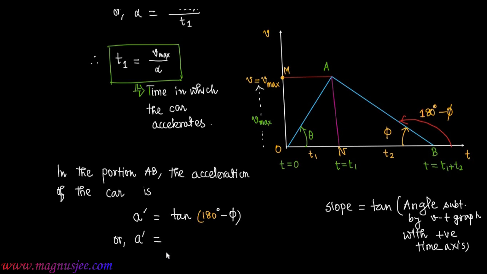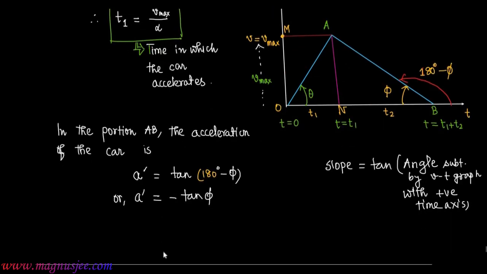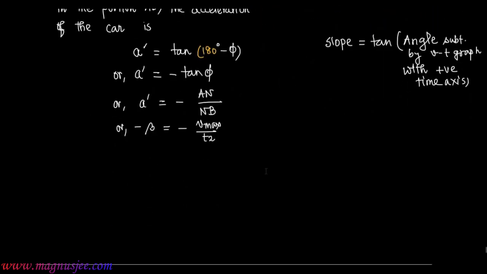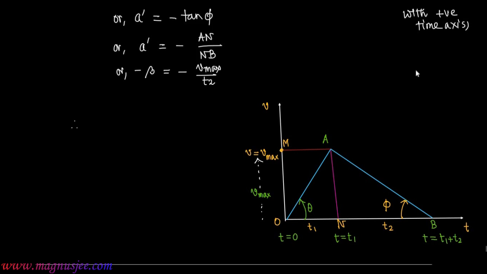Or a prime equals minus tan phi, because tan of 180 degrees minus phi is minus tan phi. Or a prime is equal to AN divided by NB. Or minus beta is equal to minus Vmax divided by t2.